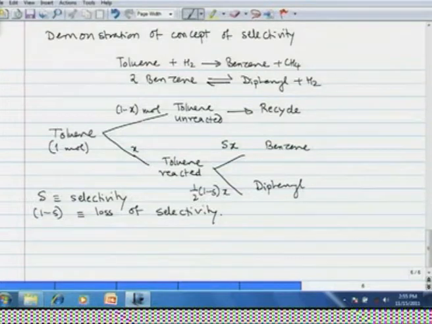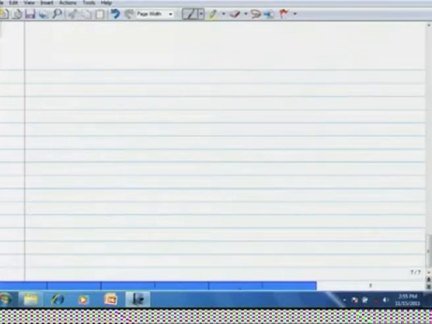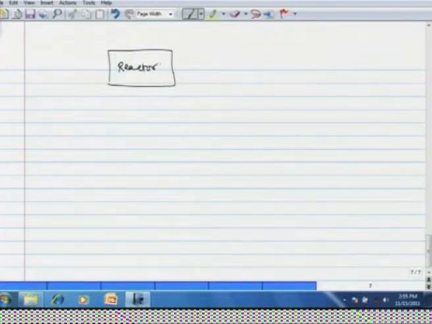Now, using this definition, we can alter the flow sheet of the process that we had seen earlier. We see a reactor and then the toluene feed. Toluene is of 2 types, one is fresh toluene and second is the recycled toluene.